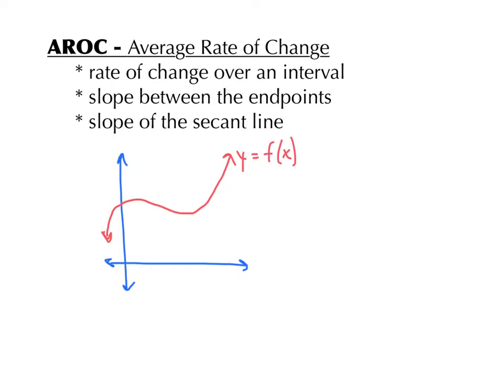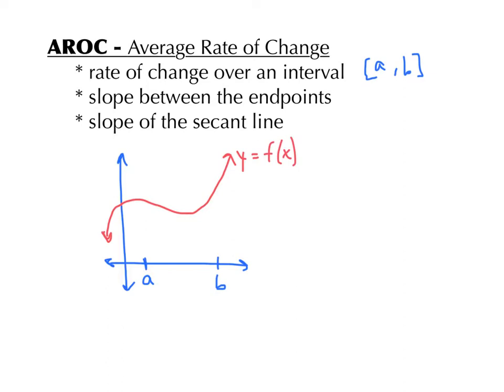So the concept here is if I were to take any two x values, okay, and we're going to call them A and B. So if I say A here and B here. All right, so we have an interval between two given x values, A and B, on our graph. All right, so the average rate of change is the slope between those endpoints.